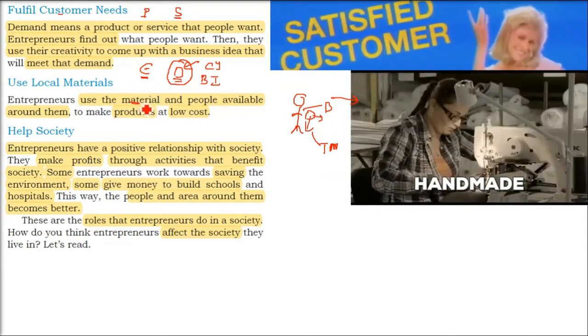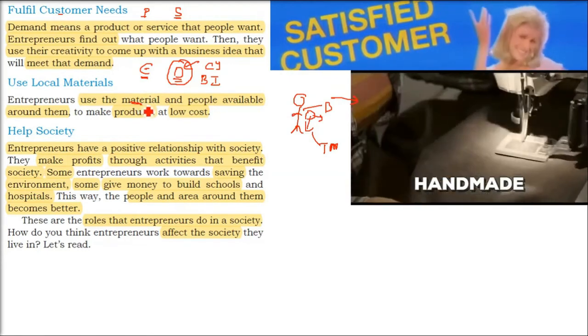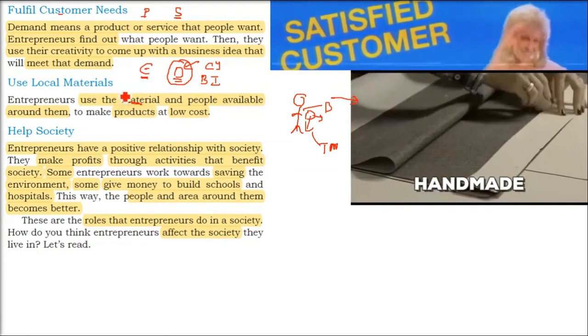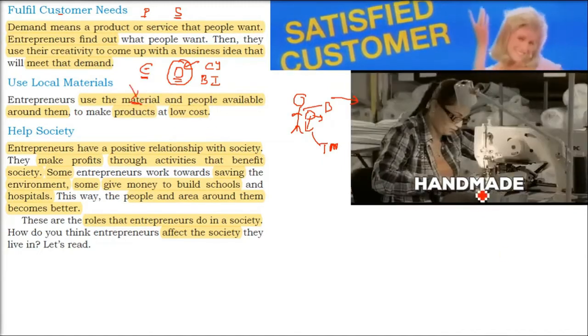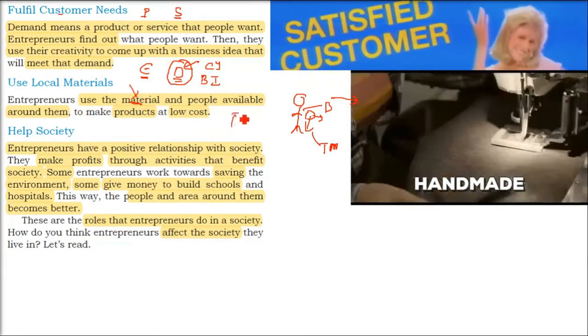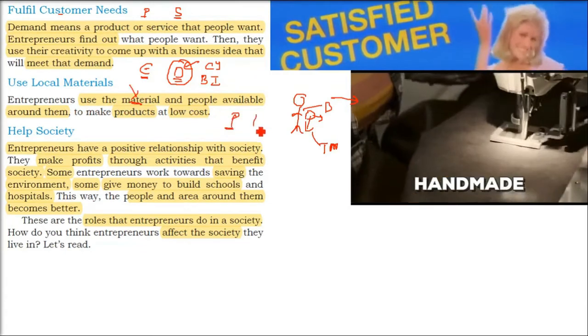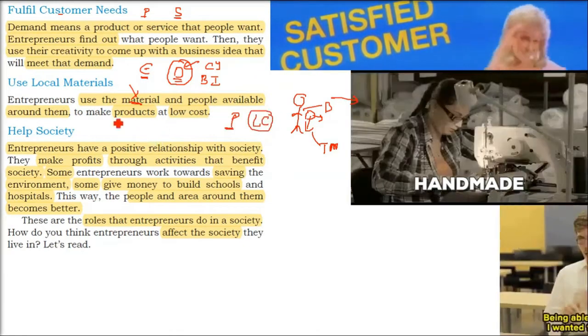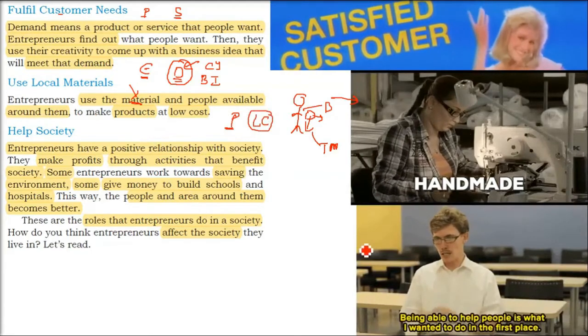So the product can be produced at a lower cost if the materials are readily available nearby. So with the usage of local material, local people will benefit. Those people who are living in the vicinity will be emancipated in their livelihood.